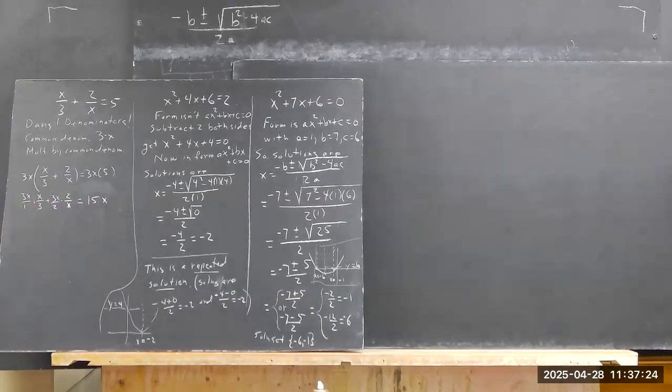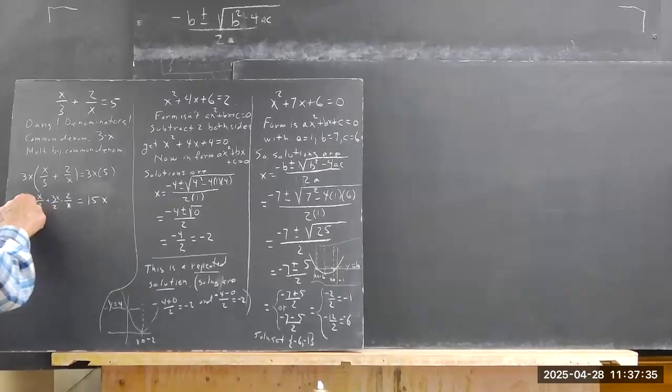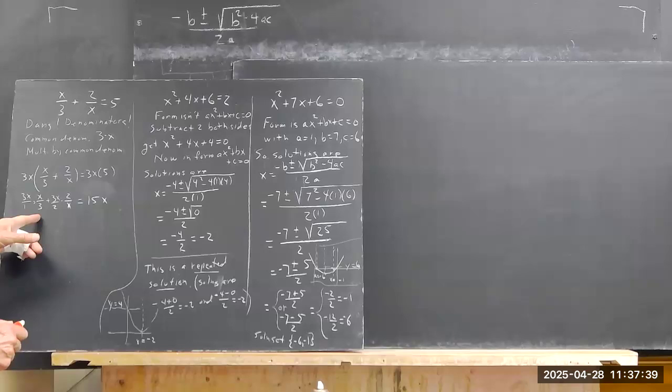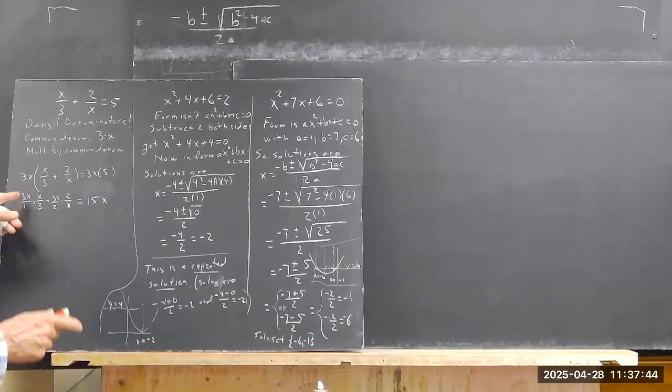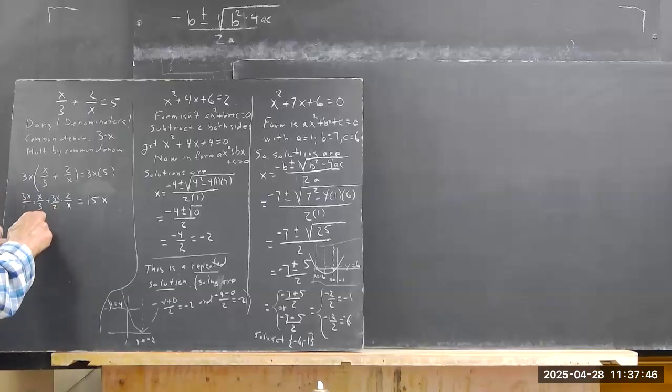Okay, so here we have it. Now we can multiply this out. We get 3x squared divided by 3. But the point is, if we multiply out the numerators and denominators, 3 is a common factor. So this 3 will divide this 3, just giving us a 1. That just leaves us with a little square.